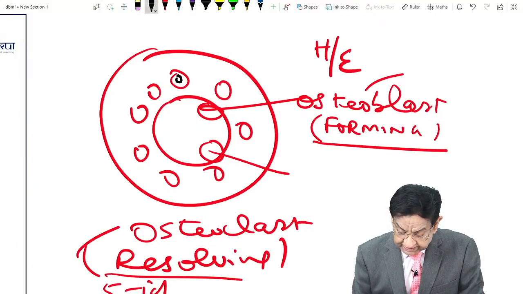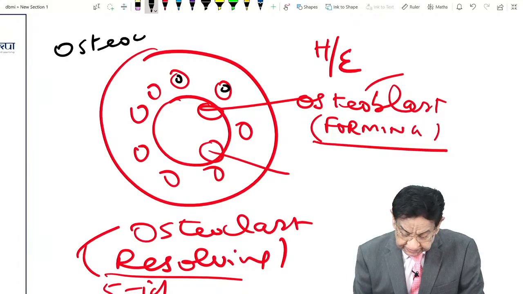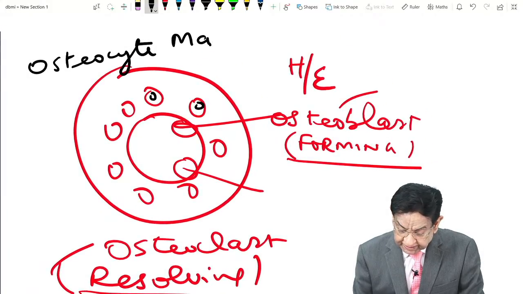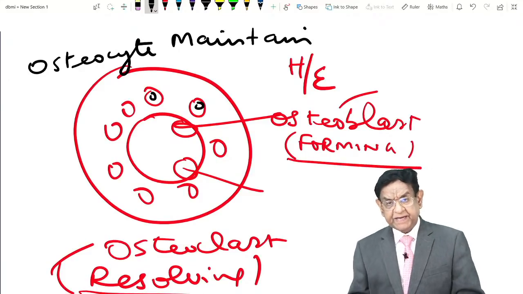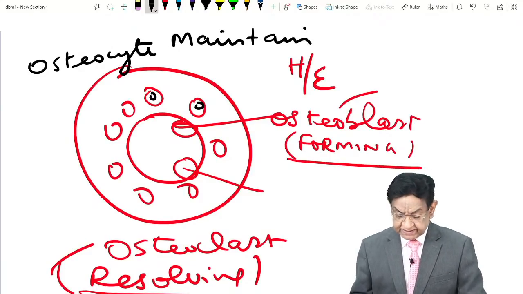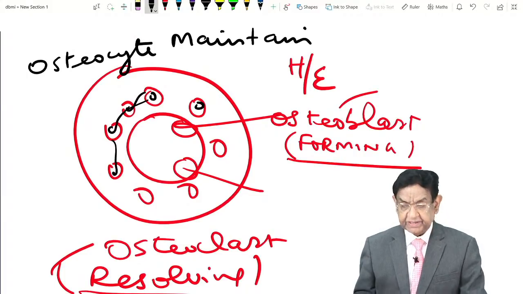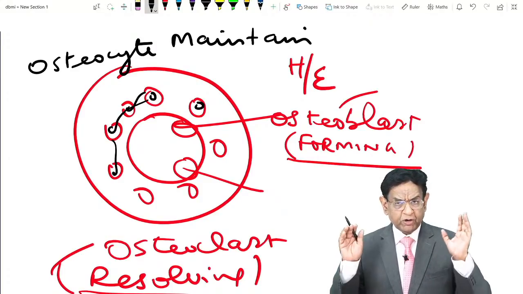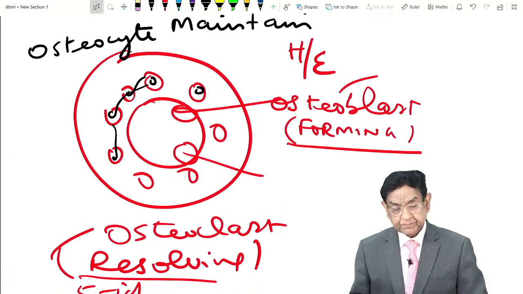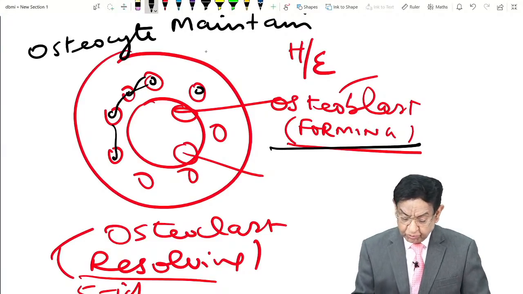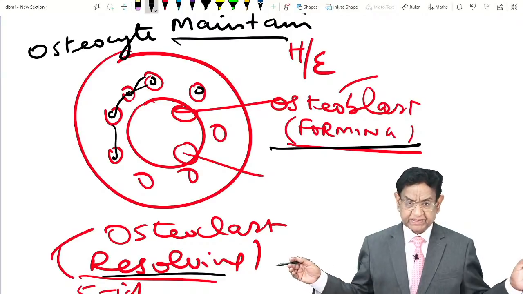They contain cells known as osteocytes. They are the ones which maintain the day-to-day activity of the bone, and these cells are united to each other via dendrites. Okay. So we have three types of cells: blast, clast, and cyte. This is a bone forming cell, a bone maintaining cell, and a bone resorbing cell.